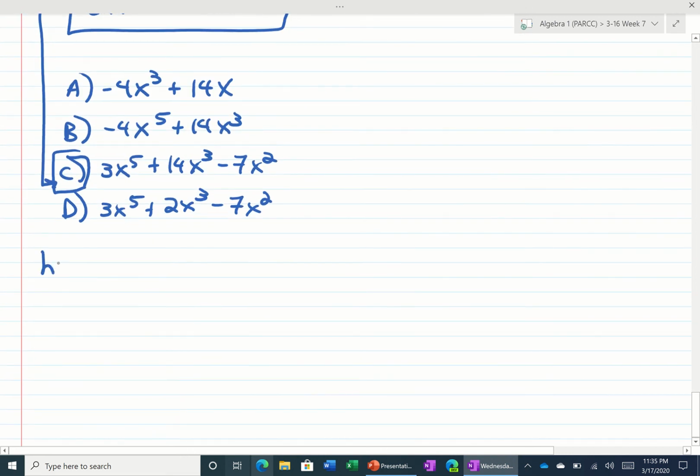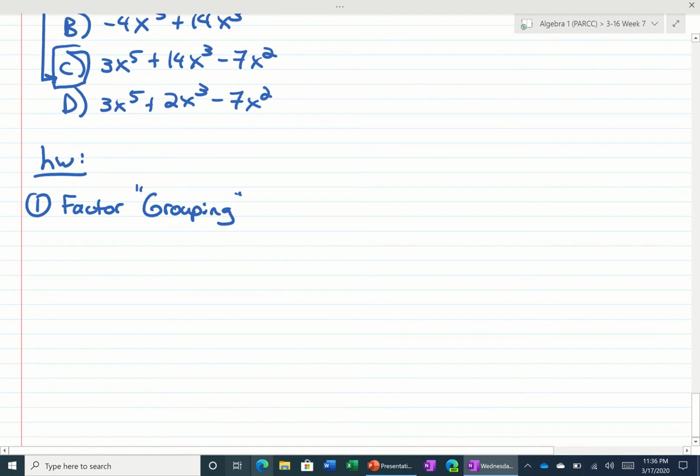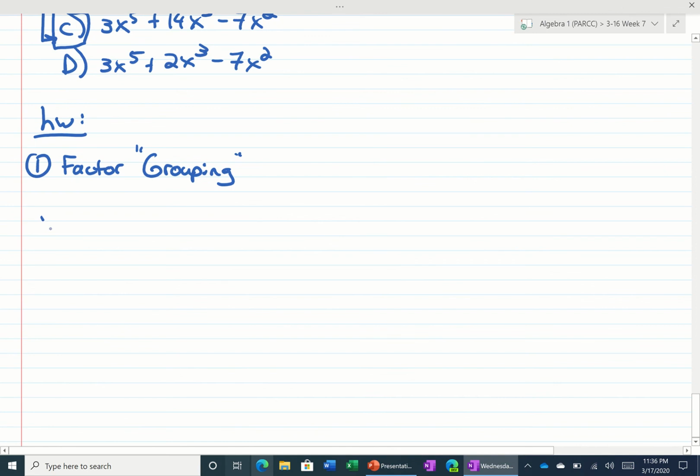So for homework, I'm going to ask you to do a couple problems. One, I'm going to ask you to factor by using grouping. This is what we did earlier in today's lesson, where you cut it down the middle and you take out a GCF. The problem looks like this. X to the third plus 2x squared minus 3x minus 6. Please factor that by grouping.